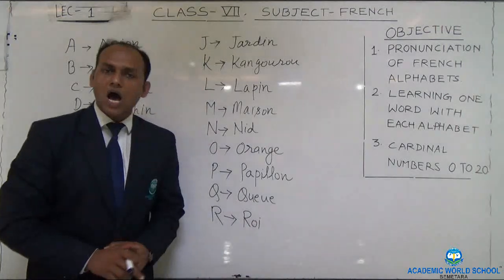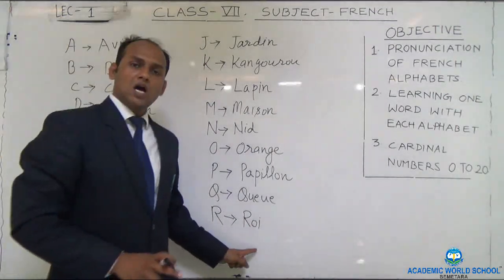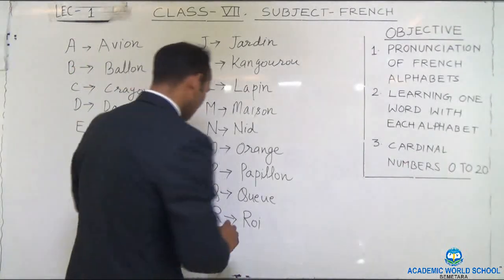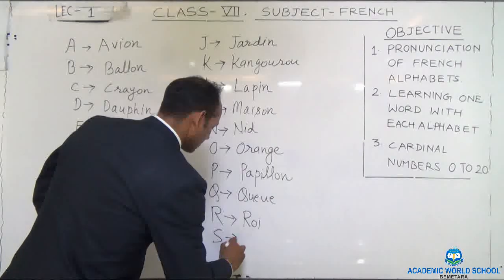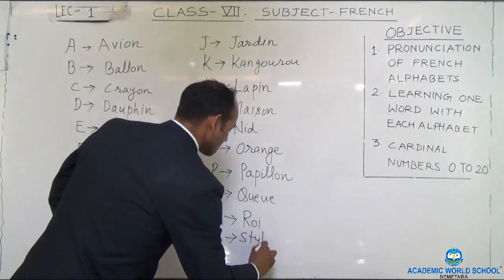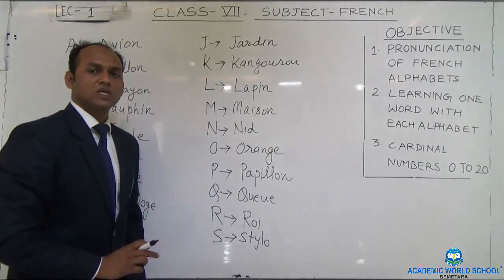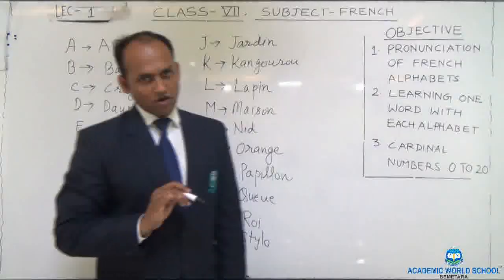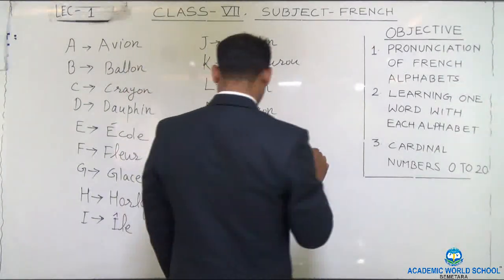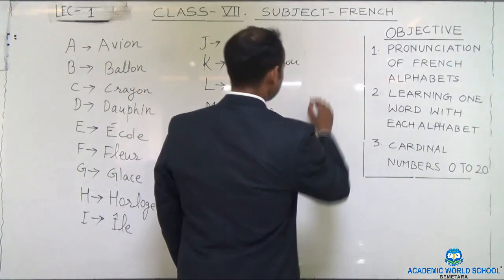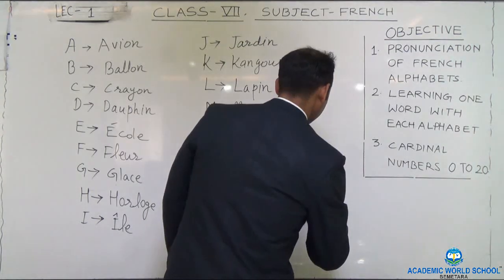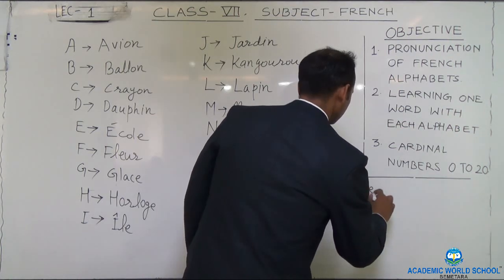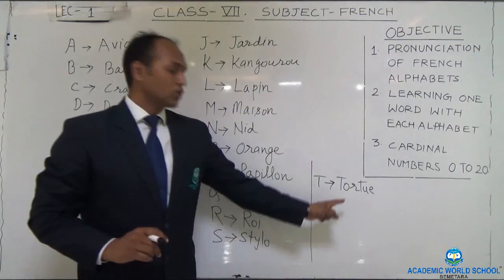R: Roi. Roi means king. S: Stylo. Stylo means pen. T: Tortue.